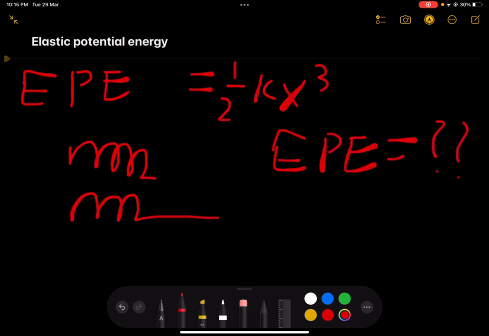Okay, use the equation 1/2. Then it tells you the constant of the spring is 30, so you put 30. The change is 2, so you put 2. Then use cube, and the answer will be 120 using a calculator. And this is energy.